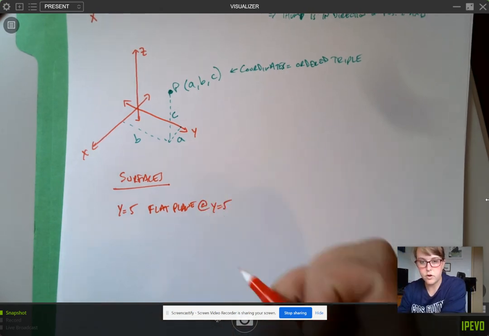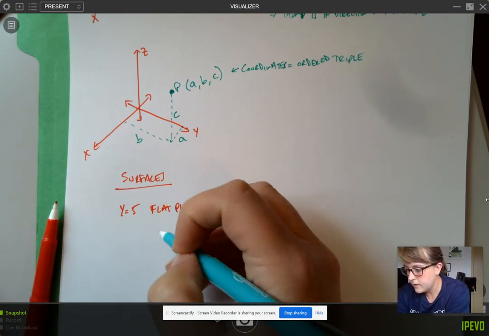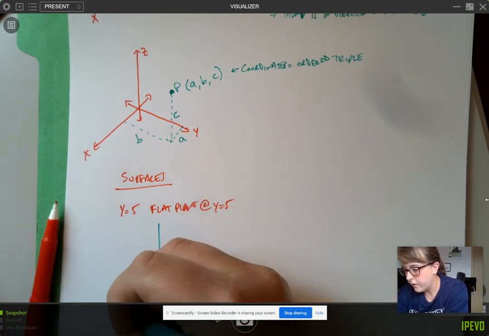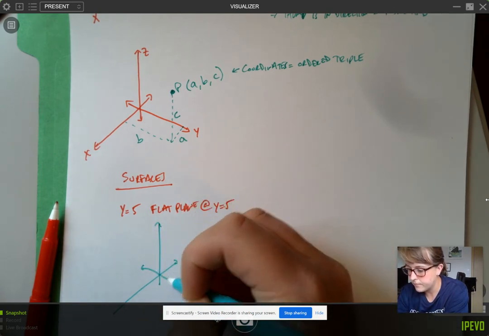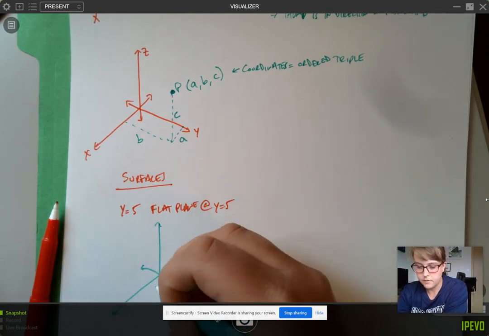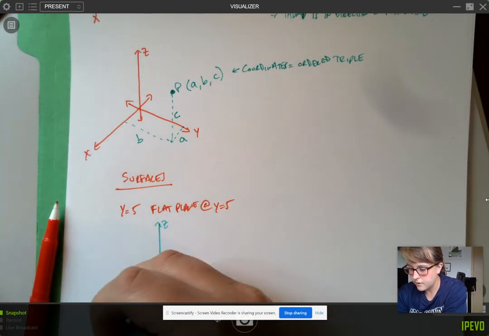So if we were going to try to draw this, we'd have our coordinate plane here, and then we'd go out to where y is 5. So this is our y-axis.